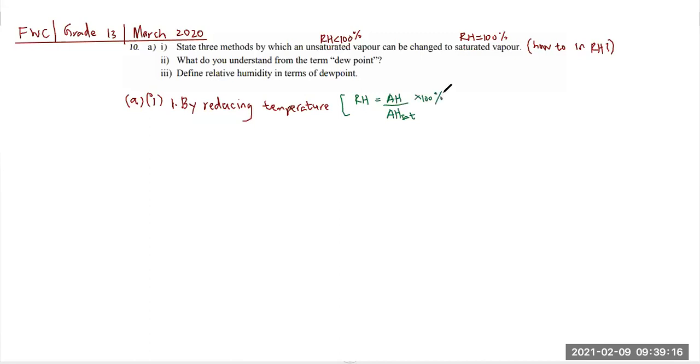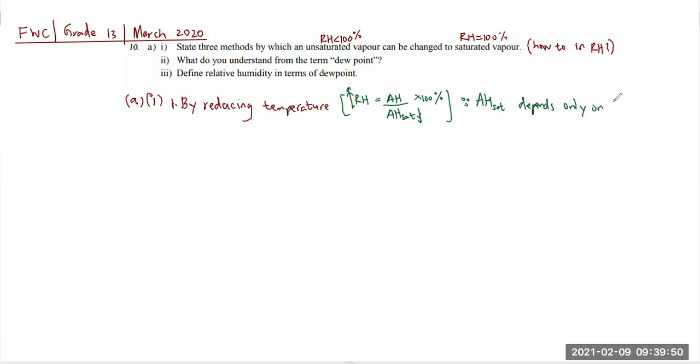So when you reduce temperature, the absolute humidity of saturated vapor will reduce, because absolute humidity of saturated vapor depends only on the temperature. So when the temperature is less, absolute humidity is less. Therefore, relative humidity will increase. The reason is because absolute humidity saturated depends only on temperature.